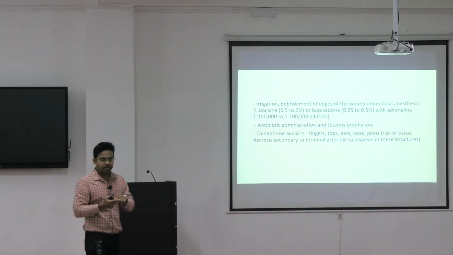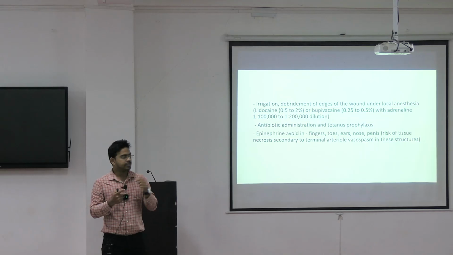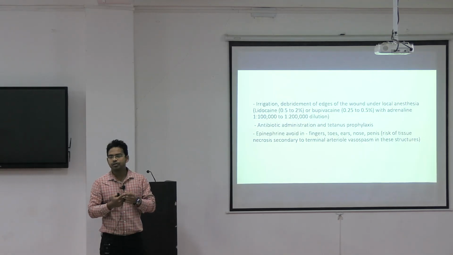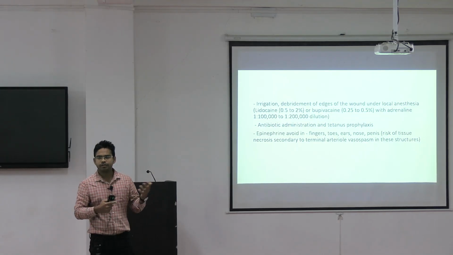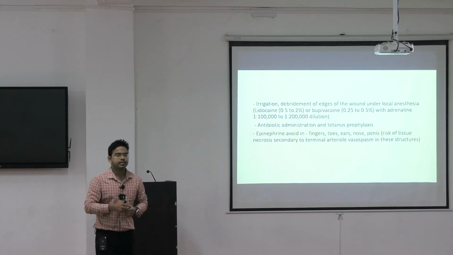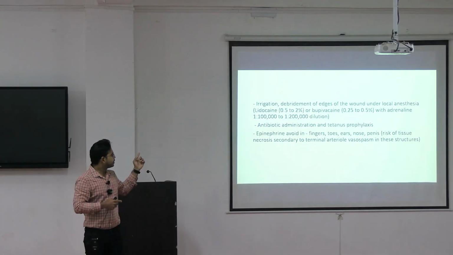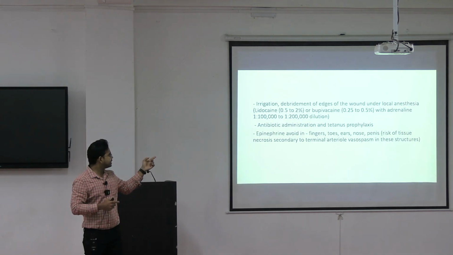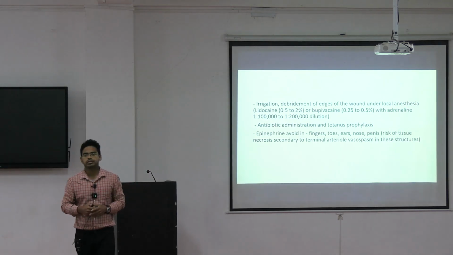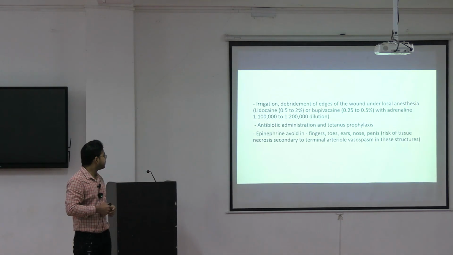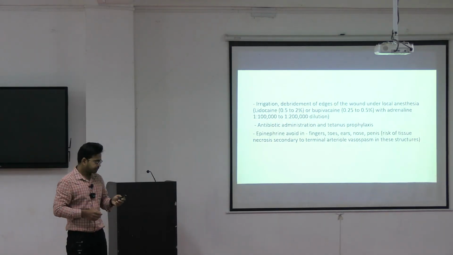So if one artery is blocked in that area, that part will go into necrosis and eventually into gangrene. So we don't give adrenaline in these high risk zones: fingers, toes, the penis area.